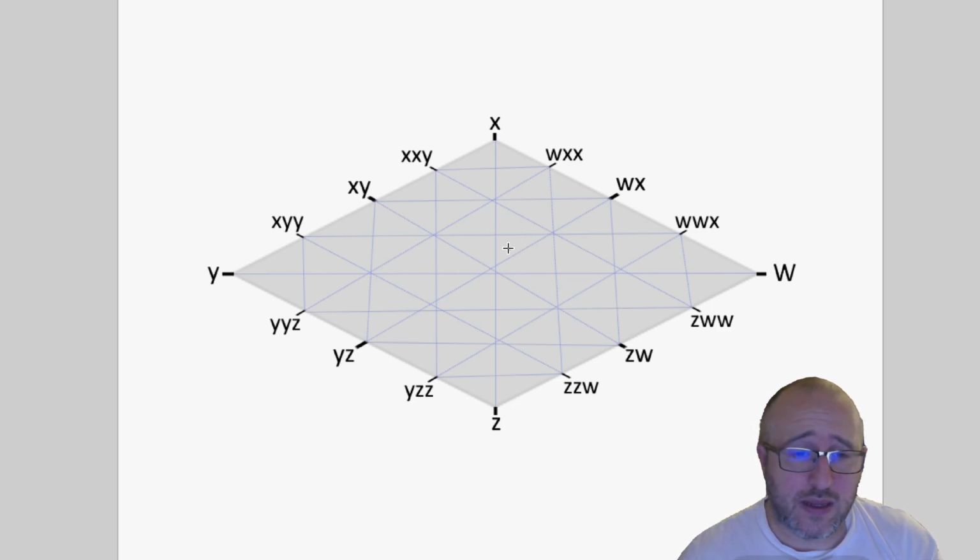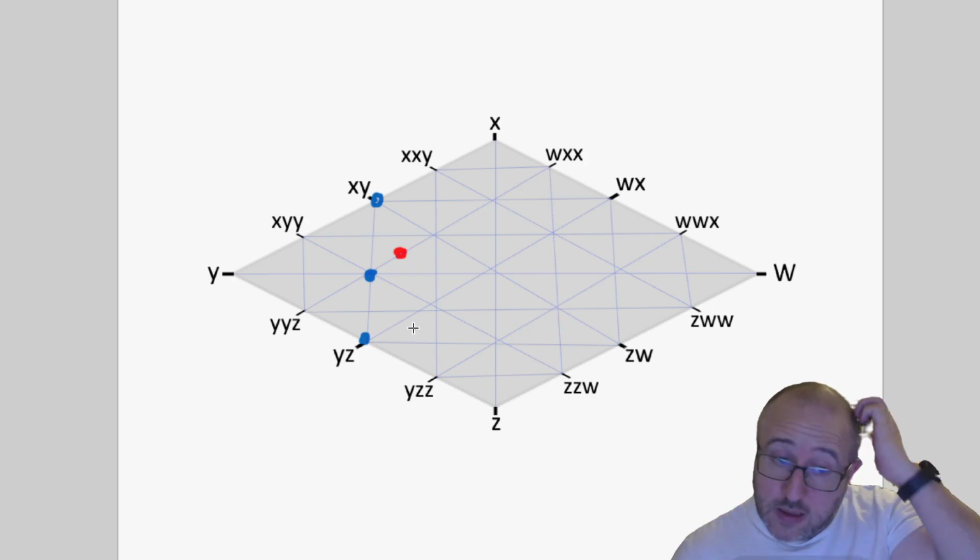I could also pick 4 coordinates. So let's say I wanted a trickier one. Let's say I wanted this coordinate here. I could work out this coordinate, and let's change the colour, I could work out what this coordinate is by using these 2 points. So that's the halfway point of that.